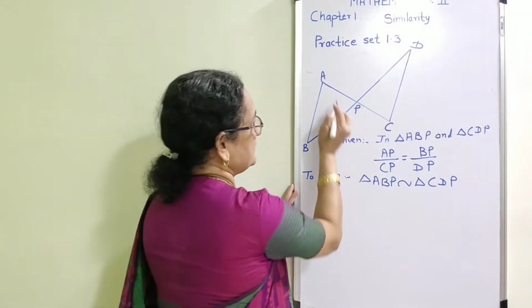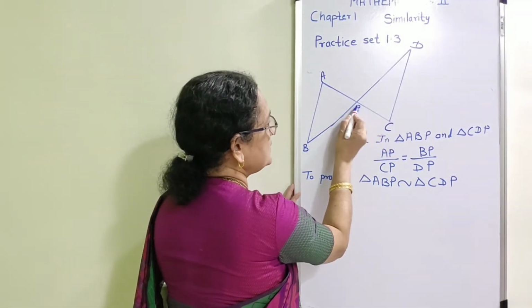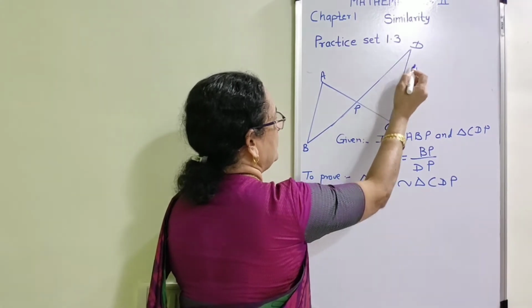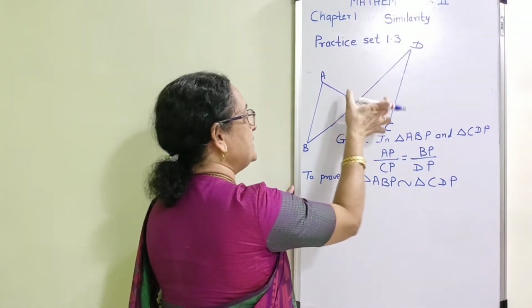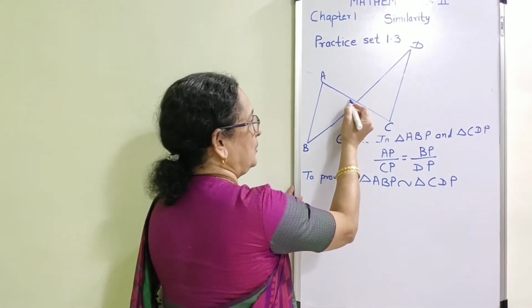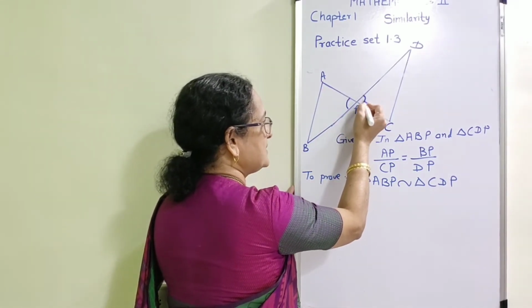Please observe the sides. First of all, AP upon CP is equal to BP upon DP. These two sides are in proportion. Now I have taken a pair of angles.